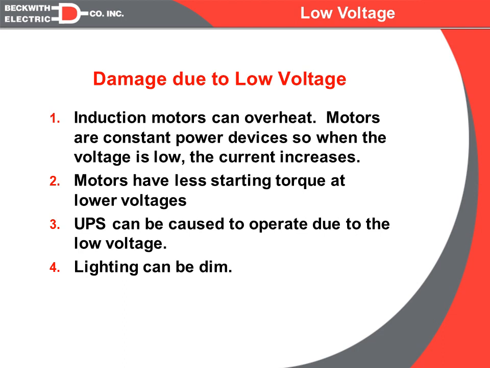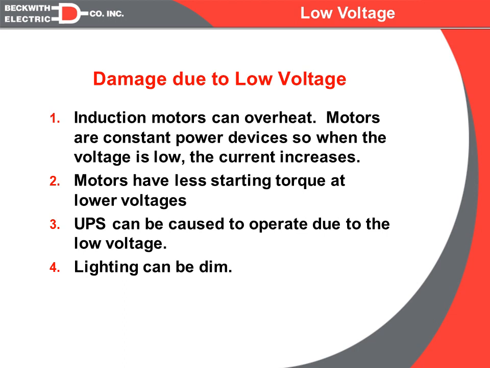Also, motors require a starting torque. So if it's an air conditioning unit, that motor to get running at full speed requires a starting torque, which is much higher than once it gets up and operational. And if the voltage is too low, there may not be enough torque to get the motor into full speed, and it can stall, which would then draw exponential current.